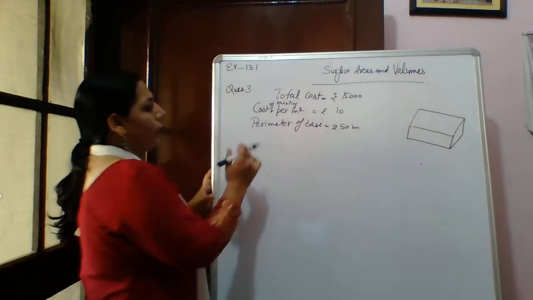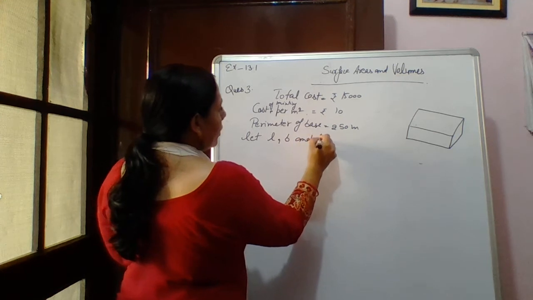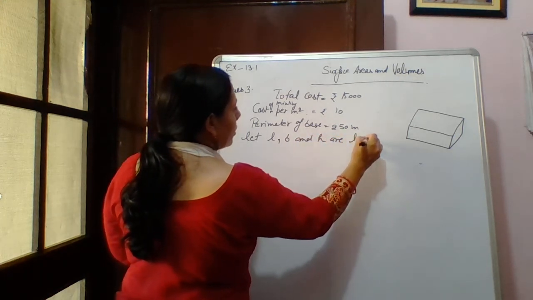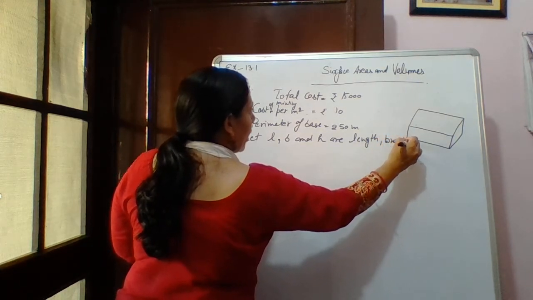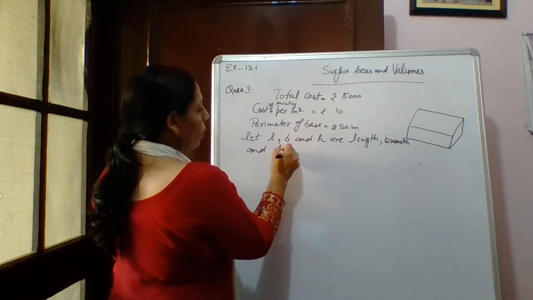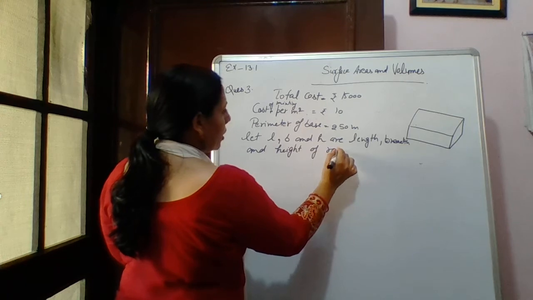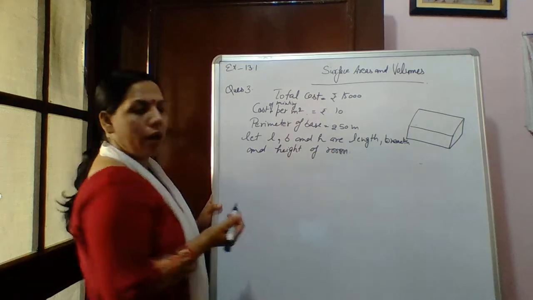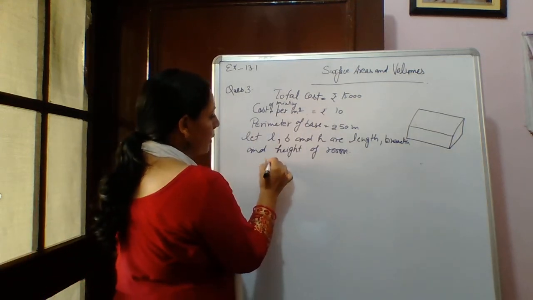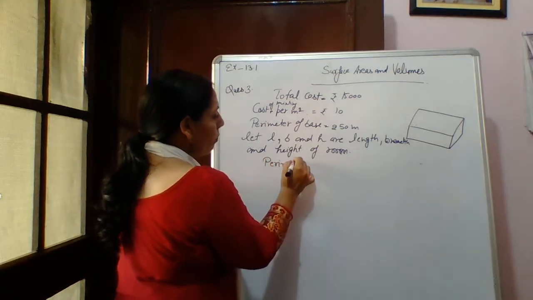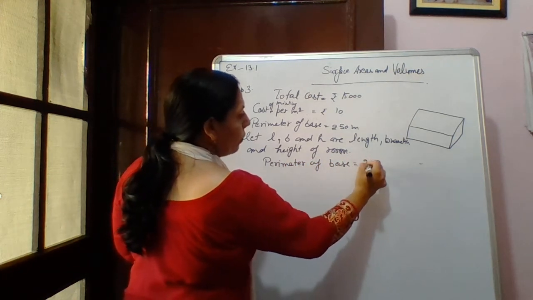First of all, I am taking here, let L, B and H be the length, width, or you can say breadth, and height of the hall. Now the perimeter of base is 250 meters.